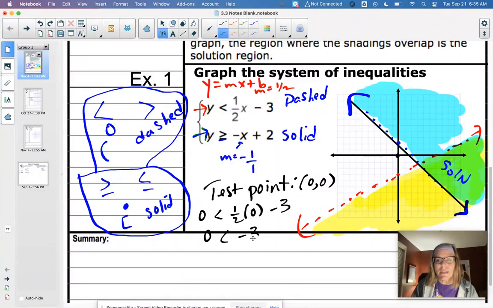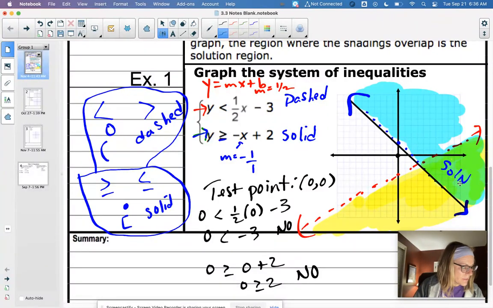Is 0 less than -3? No. And let's check it in the other one. 0 greater than or equal to 0 plus 2. Is 0 greater than or equal to 2? No. So therefore, I said no, which means that I definitely should not be shading over here. So that means that where I shaded is correct.